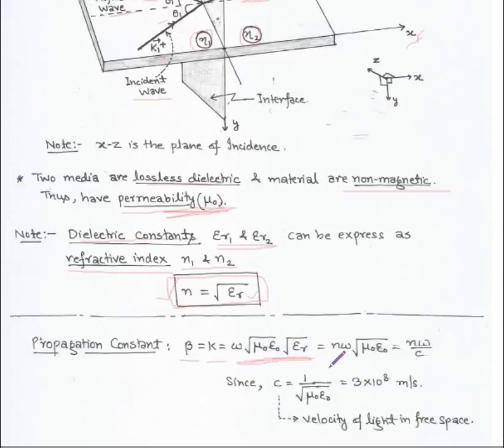So in terms of refractive index, the propagation constant is n into omega under root mu naught epsilon naught, and this can be written in terms of the velocity of light in free space, that is n into omega upon c. Here c is equal to 1 upon under root mu naught epsilon naught, and its value is 3 into 10 to the power 8 meters per second.